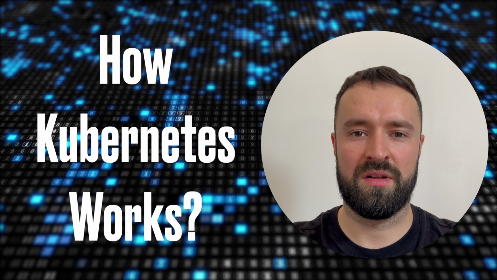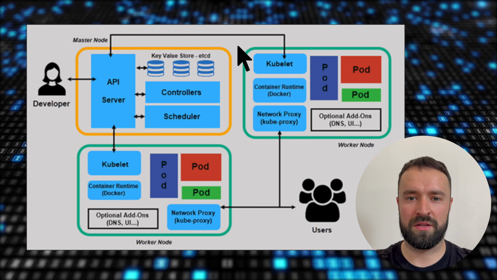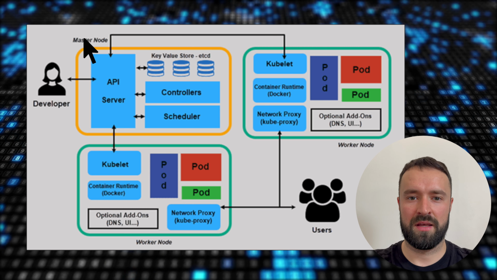Kubernetes architecture consists of two main parts: master node, aka control plane, which is the brain of Kubernetes, and worker nodes. Main parts of the control plane are the API server, a central hub that all requests go through, for example, requests from kubectl or from UI.